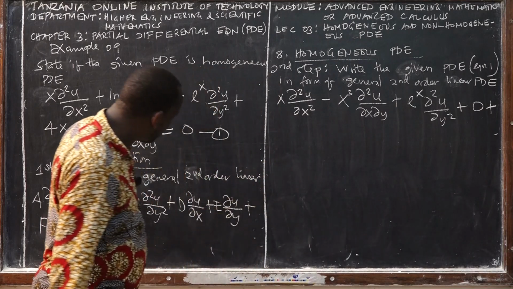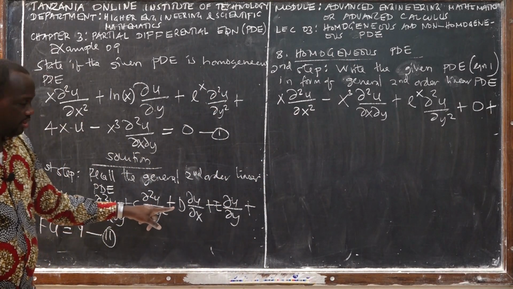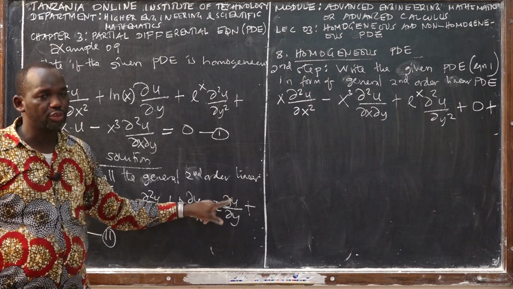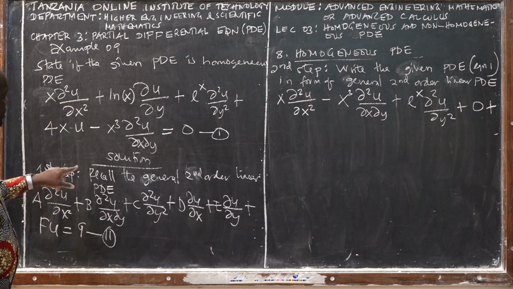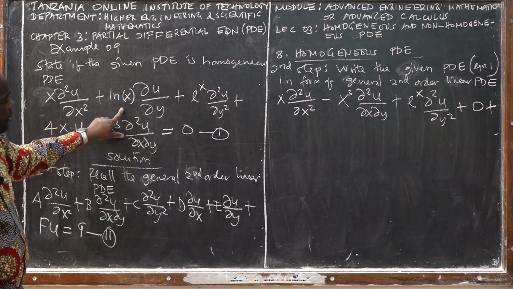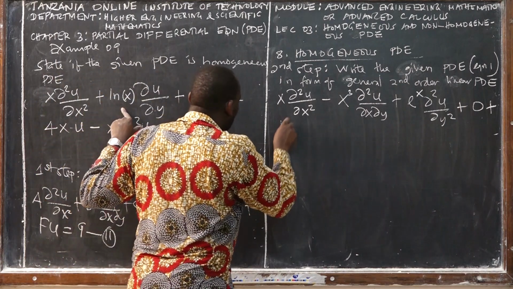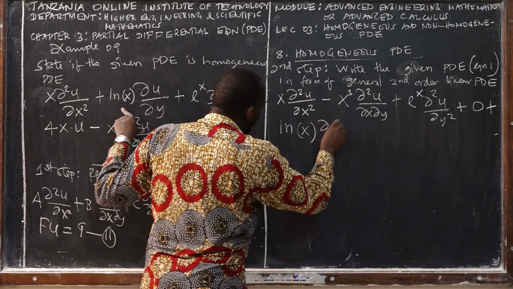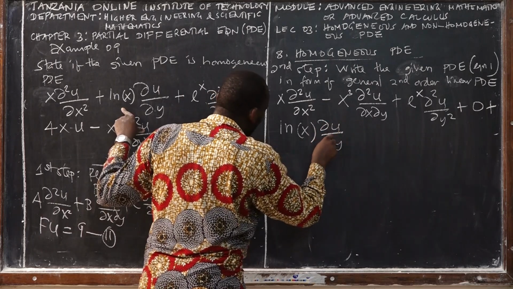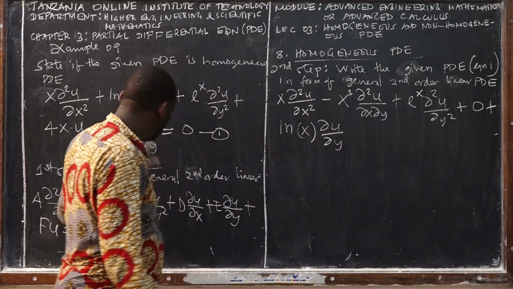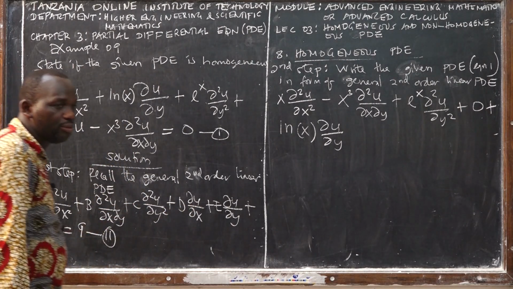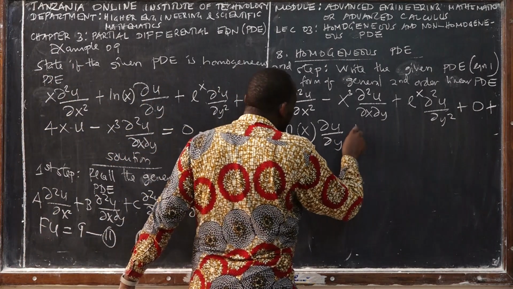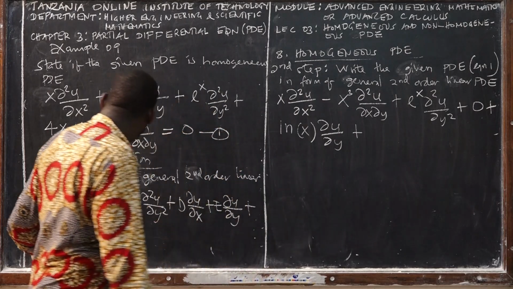The next term is e, the partial derivative of u with respect to y. Do you have it? Yes, this one: plus ln of x times the partial derivative of u with respect to y. Then the next term is fu. Do you have fu?